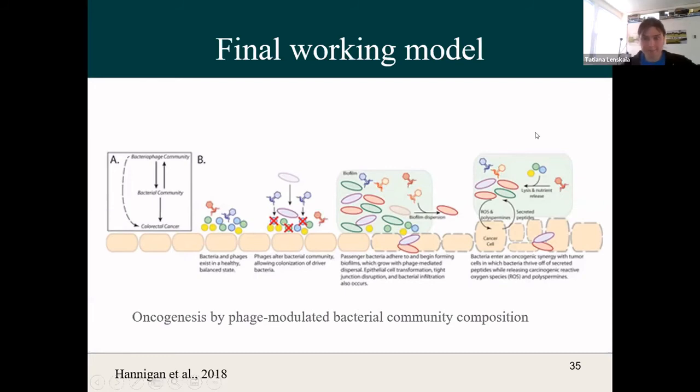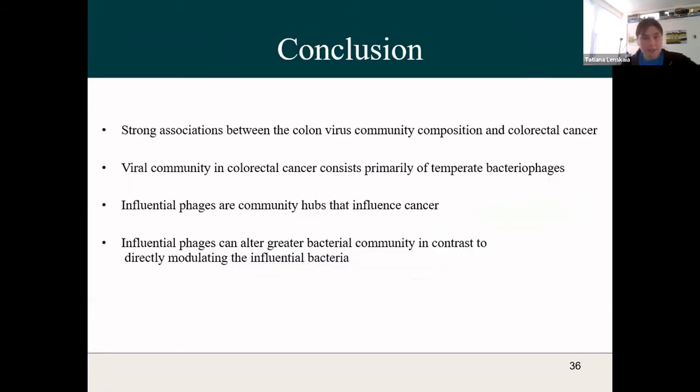So in this case, there was strong association between virus community and colorectal cancer, and the viral community was primarily composed of temperate bacteriophages. And also they found that there are phages that they call influential, that can alter the bacterial community because they can affect multiple bacteria at once.